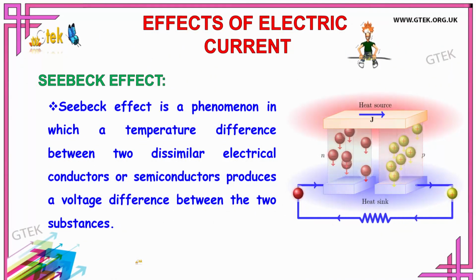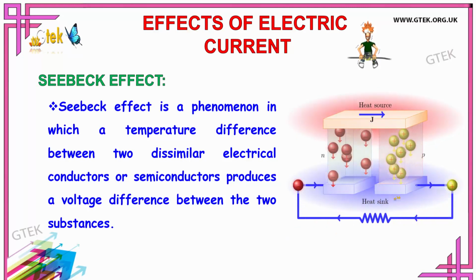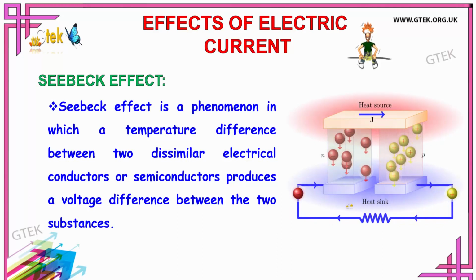Now let us see about the Seebeck effect. The Seebeck effect is a phenomenon in which a temperature difference between two dissimilar electrical conductors or semiconductors produces a voltage difference between the two substances. Here is a picture representing the Seebeck effect, where heat sources from various places have been taken.